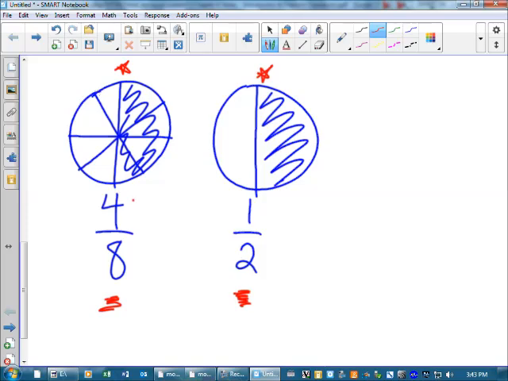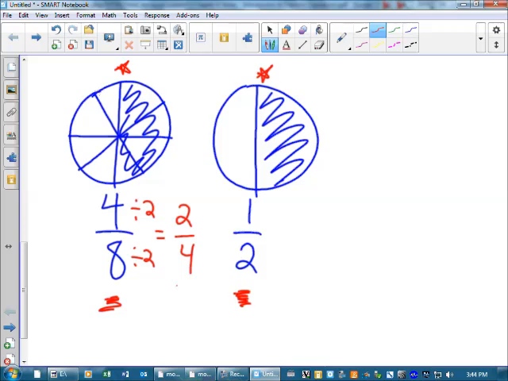Okay. So what can we do to 4/8 in order to make it into 1/2? That's right. We can divide by 4. And that will get us 1/2. Now, some people may look at that and go, well, I'm going to divide by 2. And that will give us 4 divided by 2 is 2, 8 divided by 2 is 4.